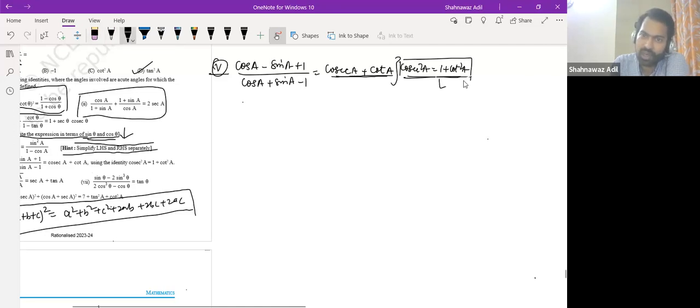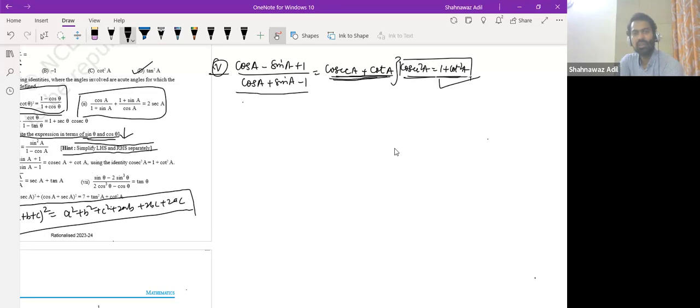Now in the RHS we have this one. In the LHS we have to use this identity, which means we have to change this cos A and sin A. So how can we do that, guys?